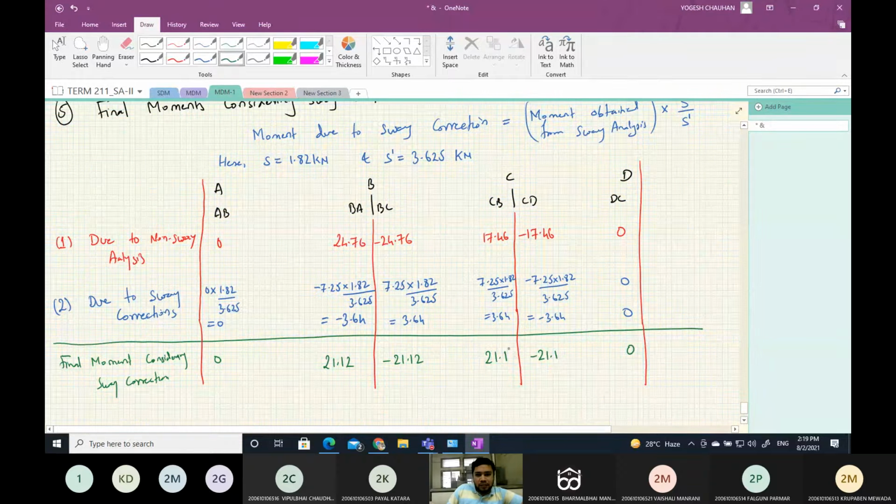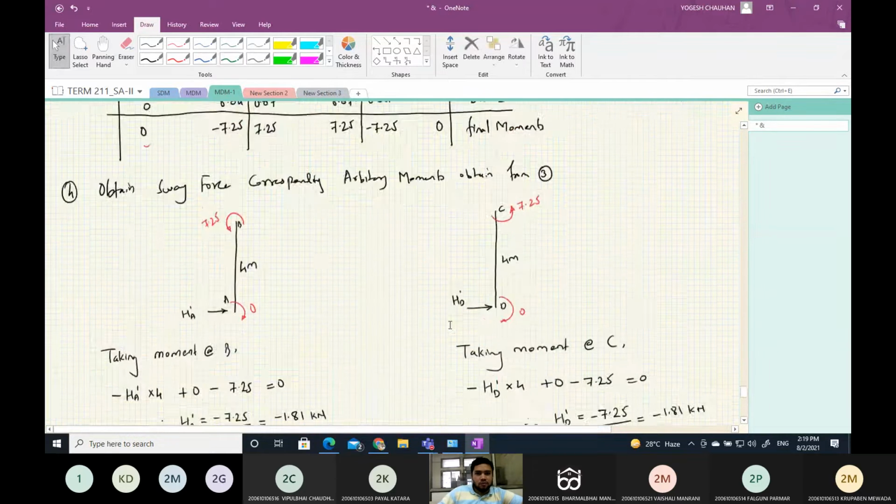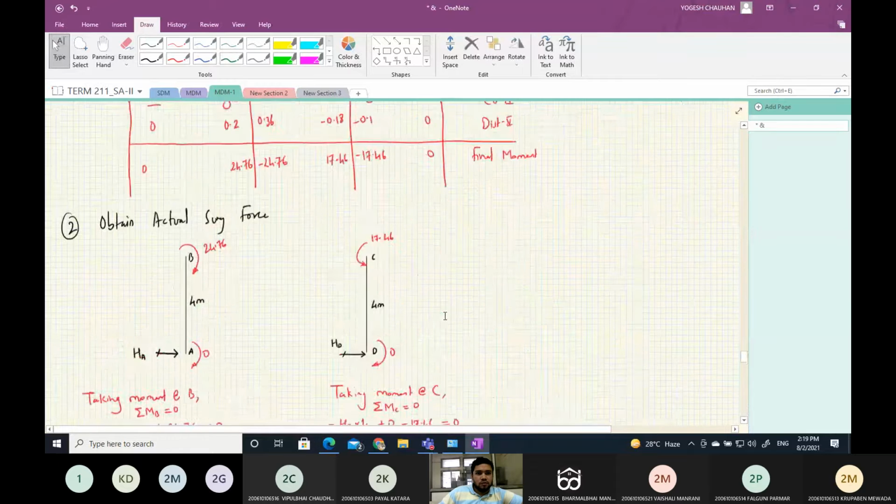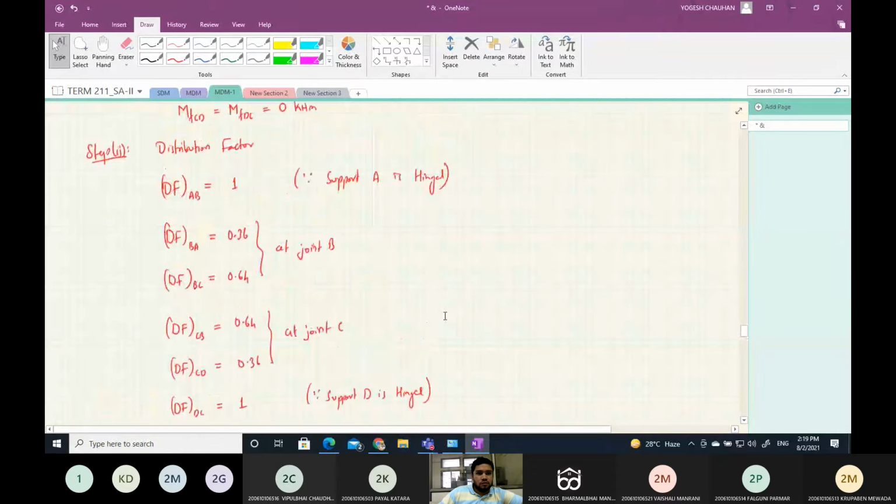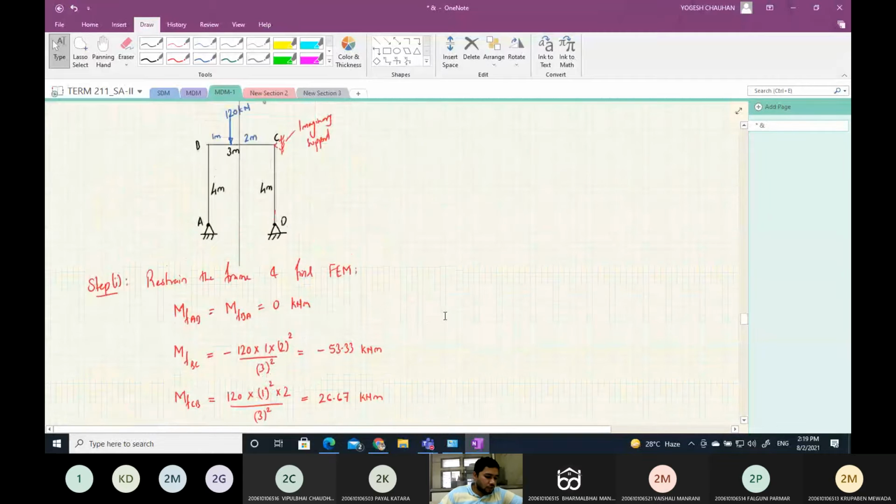If we go for a more precise calculation, these moments will be the same because our frame is symmetrical.